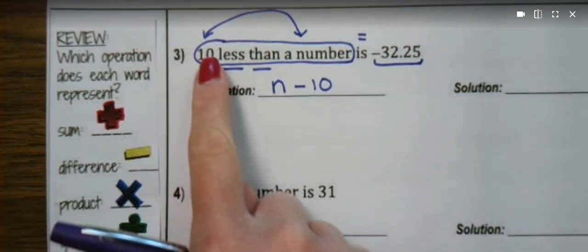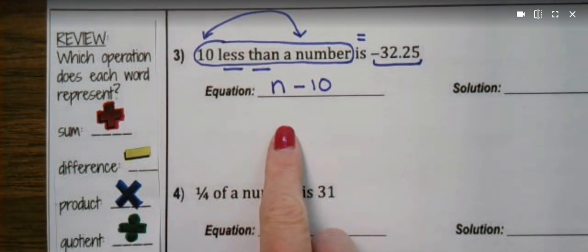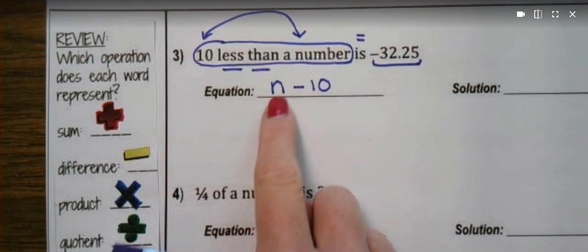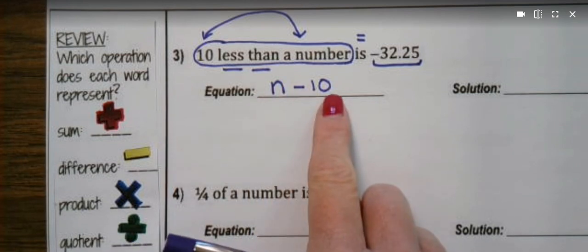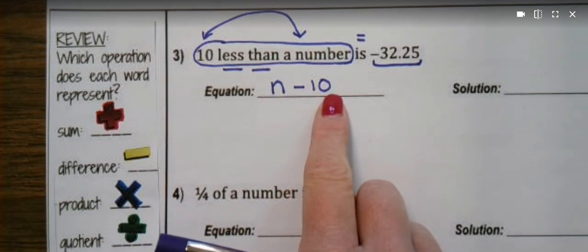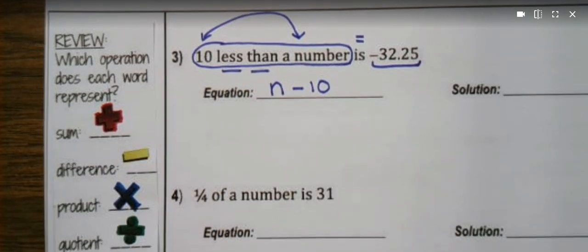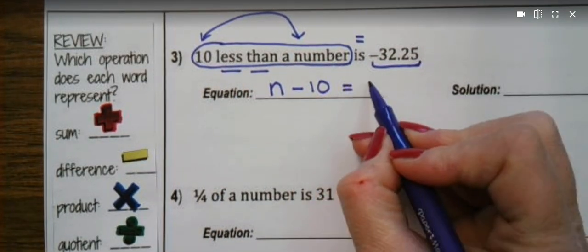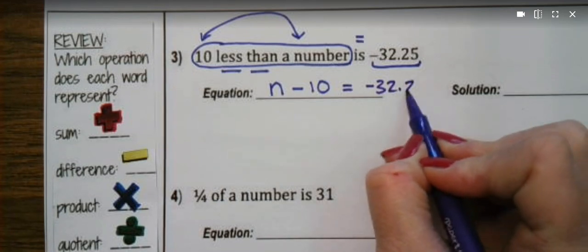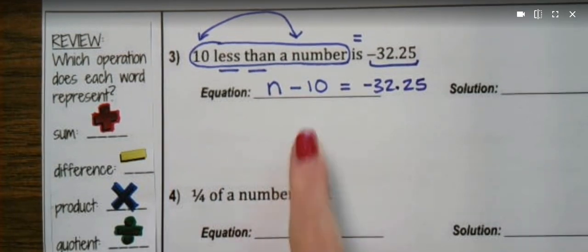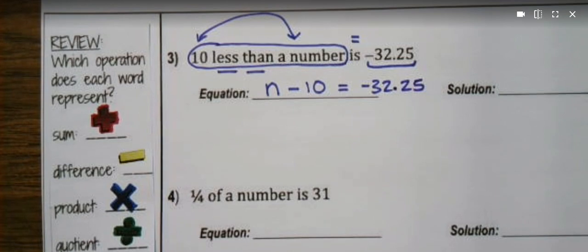Well, think about it. If it's 10 less than a number, what if I said, what's 10 less than your age? Your age would be the number, and you'd -10. That's how you would find 10 less than your age. So this 10 goes off the back, okay, at the end. Then we have is, and then -32.25. There we go. So 10 less than a number is n -10.